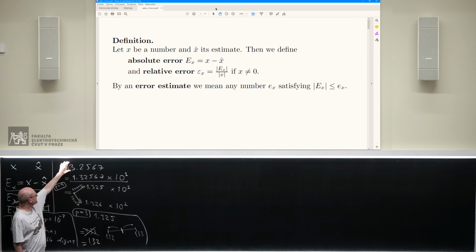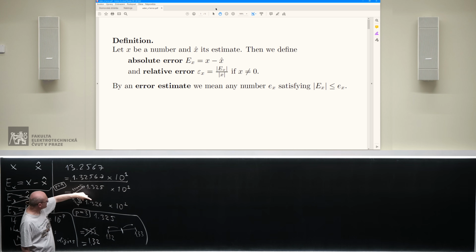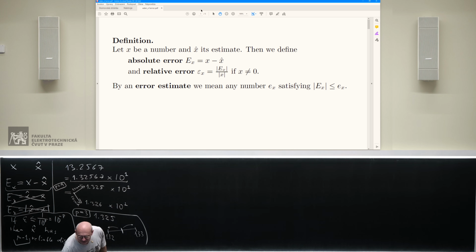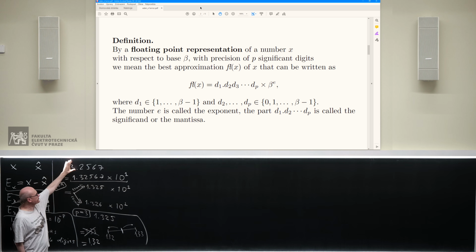We have a number, and we change it into a number which has a specific form, and we keep just a part of it. This is called floating point representation, and if I remember correctly what I was typing, we should be seeing it right here, and we do. So, when you have a number x, in computer it is replaced with a different number, which is called fl(x) very often in books, and it has a specific form.